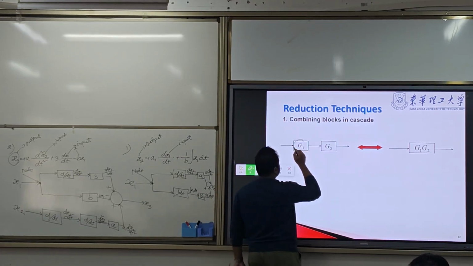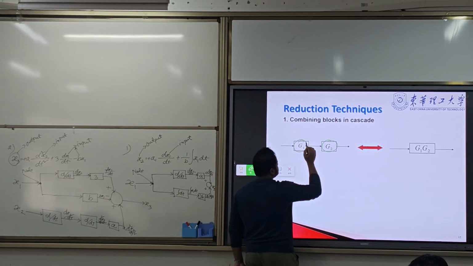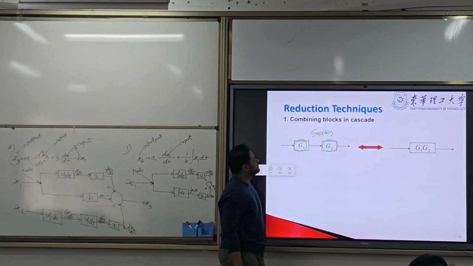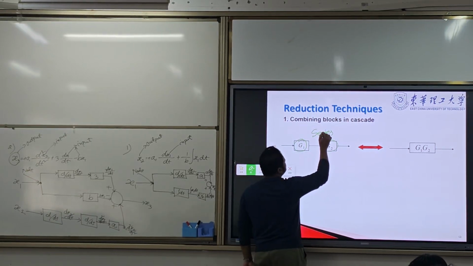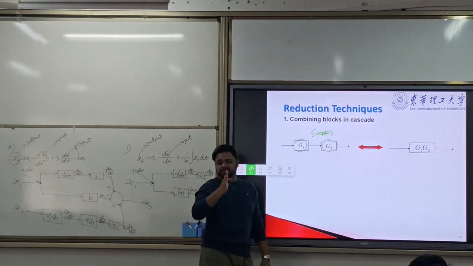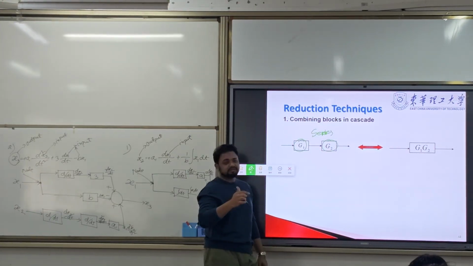So here if we have 2 blocks G1 and G2, these are in series. So when blocks are in series, what happens?